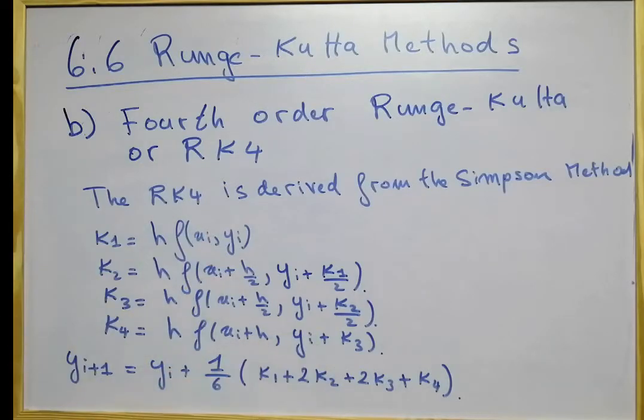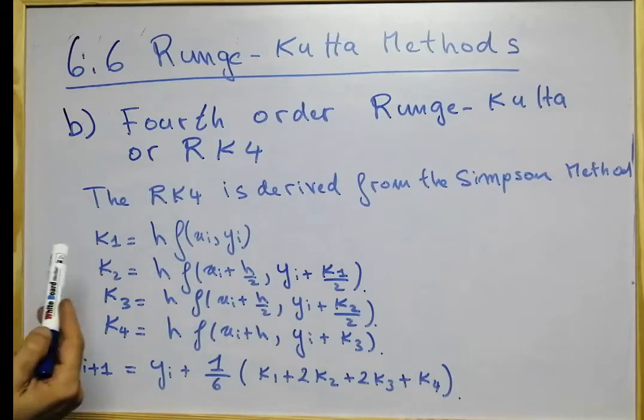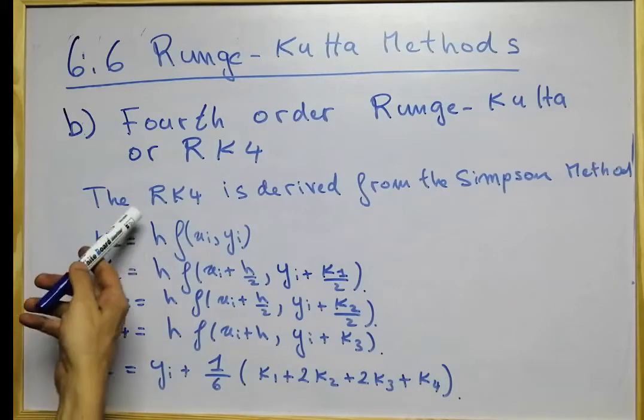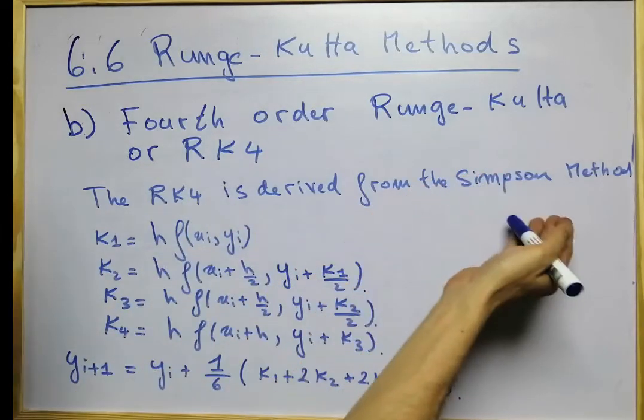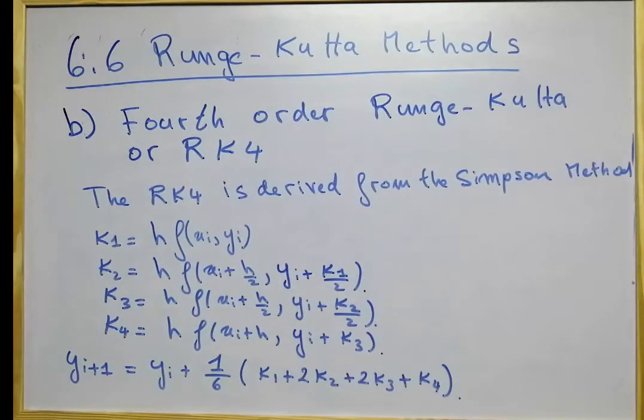Similarly, as we did before, we can derive even higher order Runge Kutta methods. Okay, the Runge Kutta method of order 4, or the RK4, is one of the most accurate explicit methods ever used. And this method, as you expect, is based upon the Simpson method.